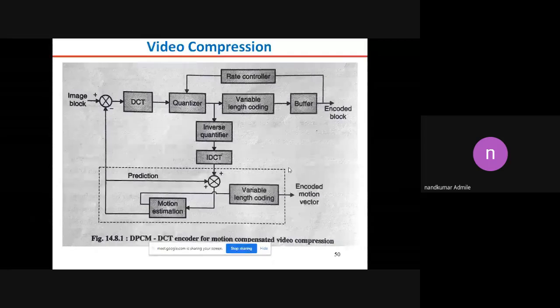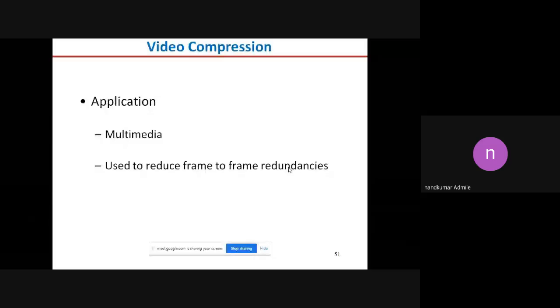And where can we use video compression? In various multimedia applications: in our television, desktop monitors, laptops. Everywhere we can use video compression.